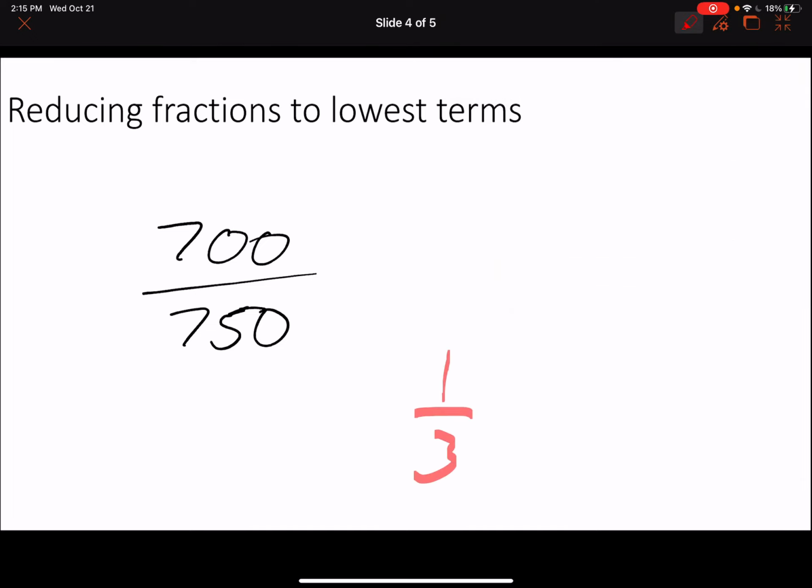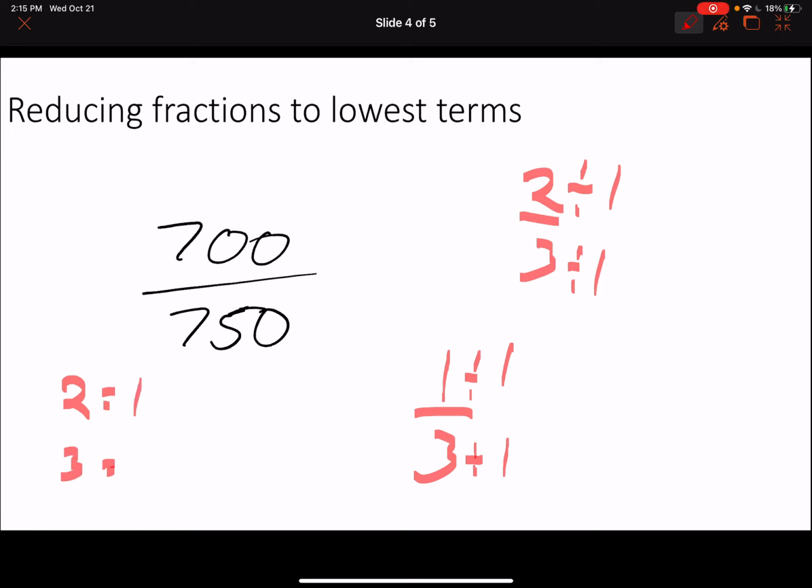Okay, this is already in its lowest terms because I can only divide each one by 1, right? Same as if I had 2/3. I could still only divide the top and bottom by 1 because if I look at the factors for 2 and 3, the factors are 1 and 2, right? And 1 and 3.